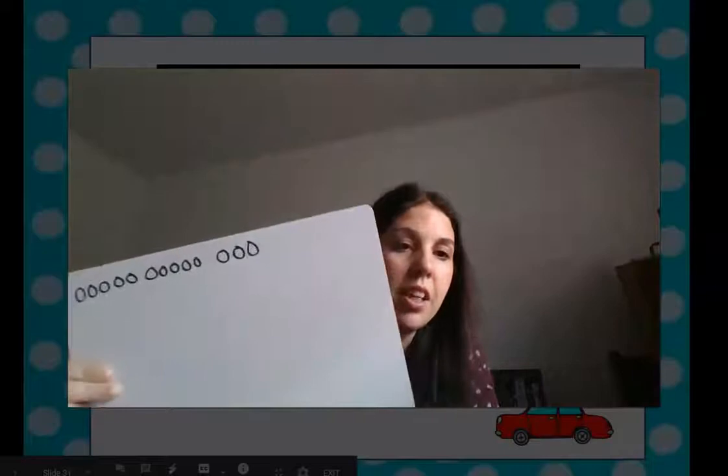Go ahead and draw 13 cars, 13 circles. 13 cars, 6 were there in the morning. We're going to circle a group of 6 there in the morning.